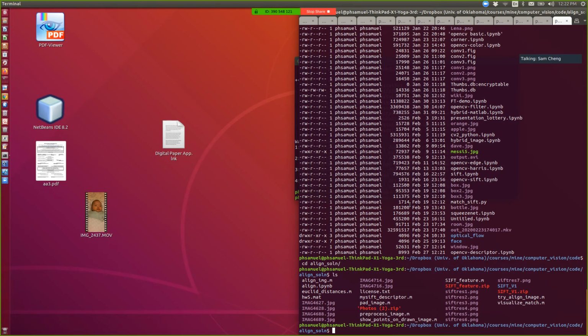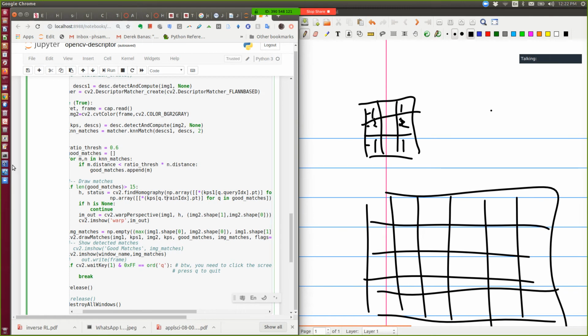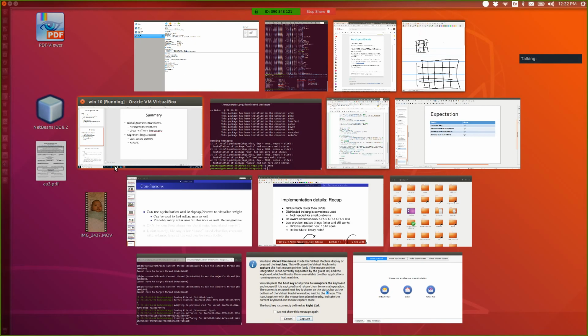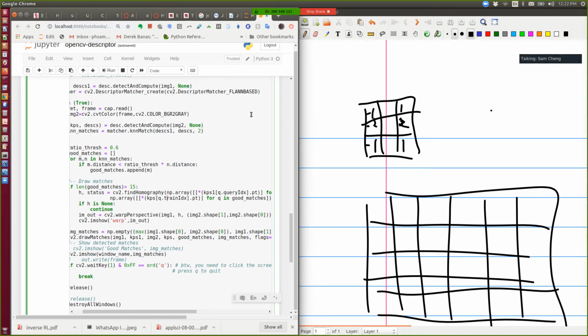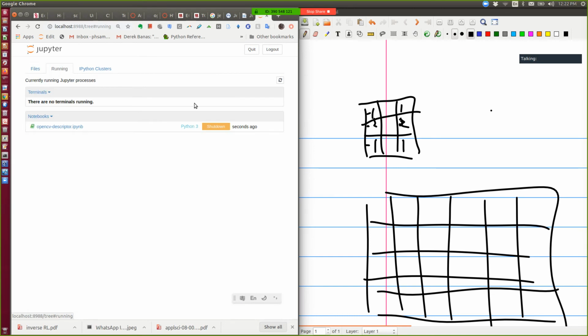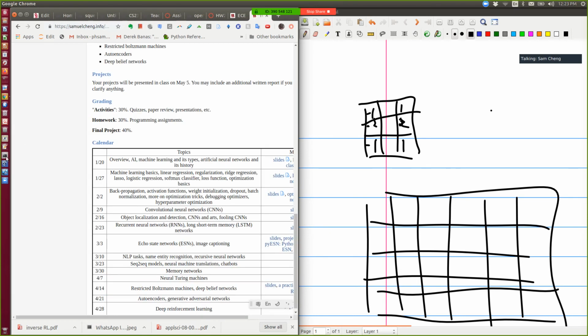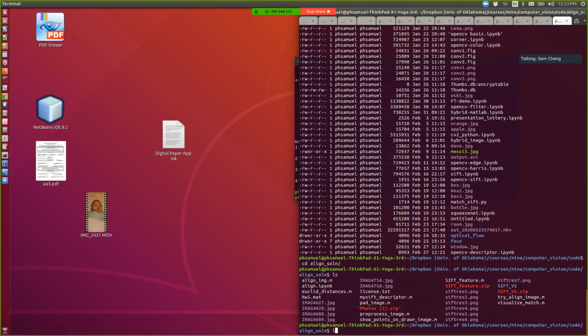But I probably should kill it first. Did I kill it already? It looks like it's using lots of resources. Let's shut it down. Yeah, I'm going to run MATLAB.